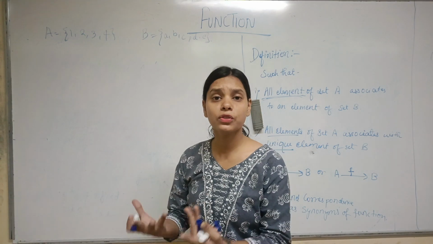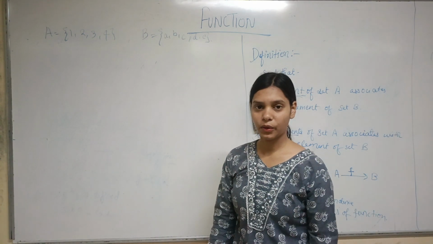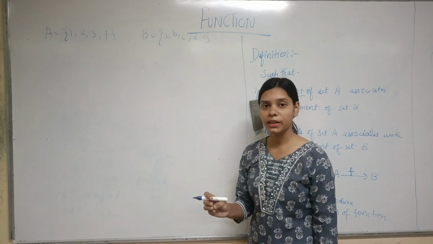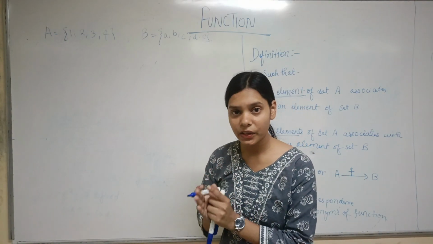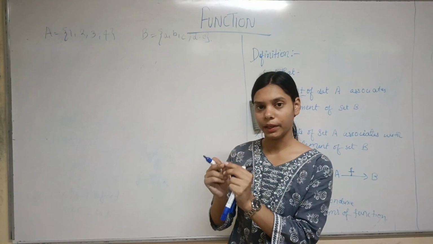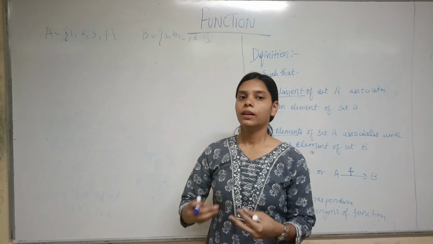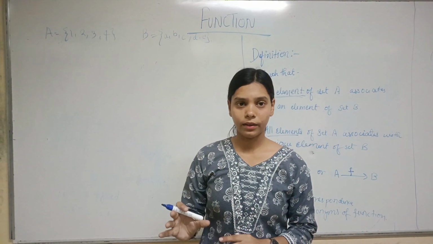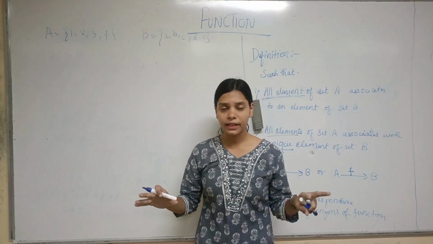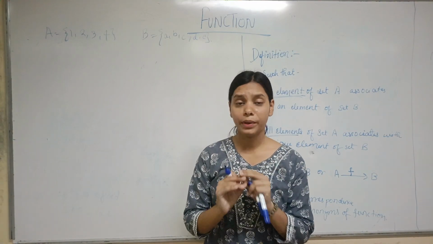Now the question arises, what is a non-empty set? Non-empty set means the set contains at least one element, right? It doesn't matter how many elements are in the set. Maybe 10 elements, maybe 100, maybe 1000.